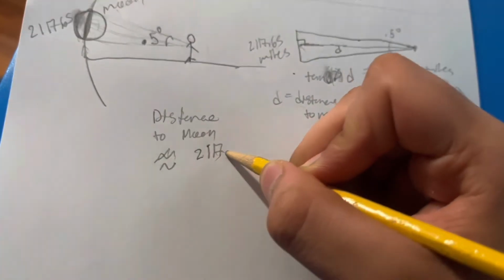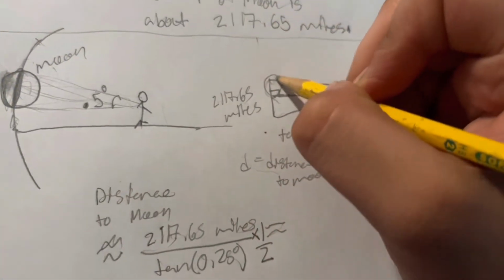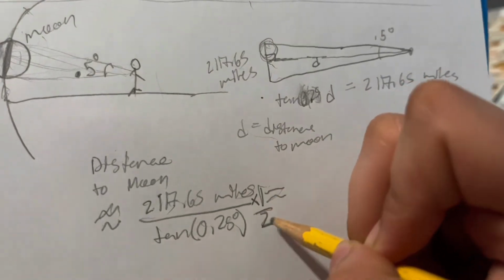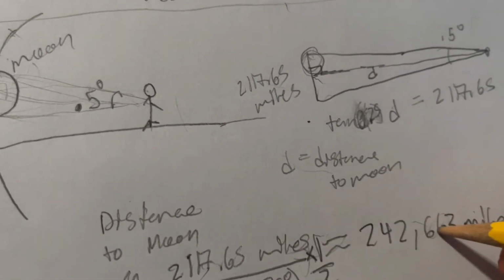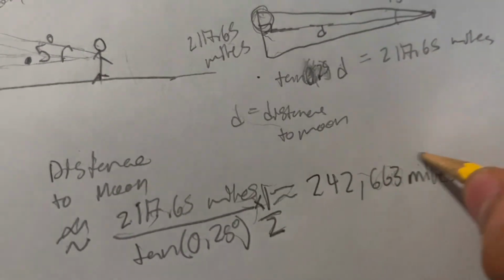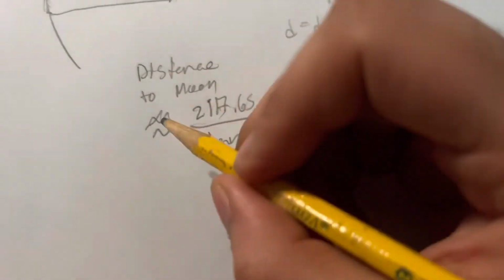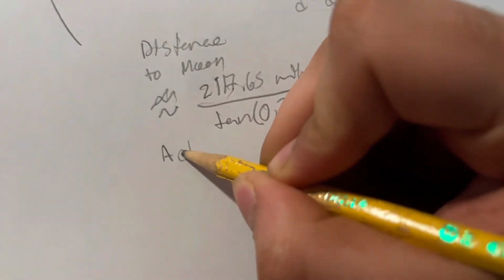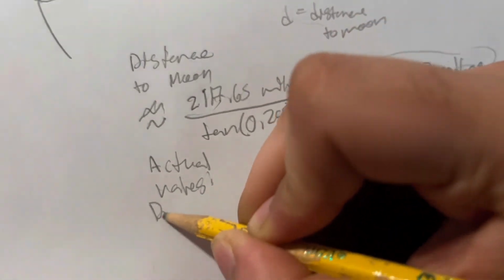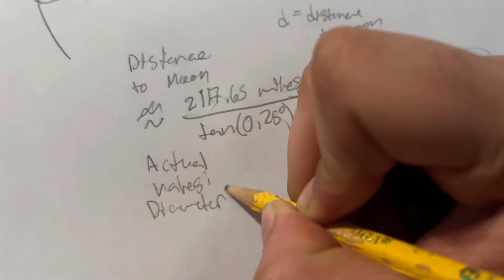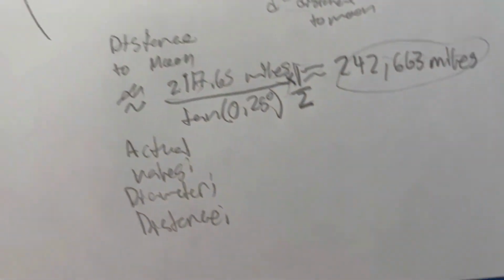Solving for the distance d to the moon using algebra will get this equation that I have written. The distance to the moon that I have calculated is 242,667 miles approximately.